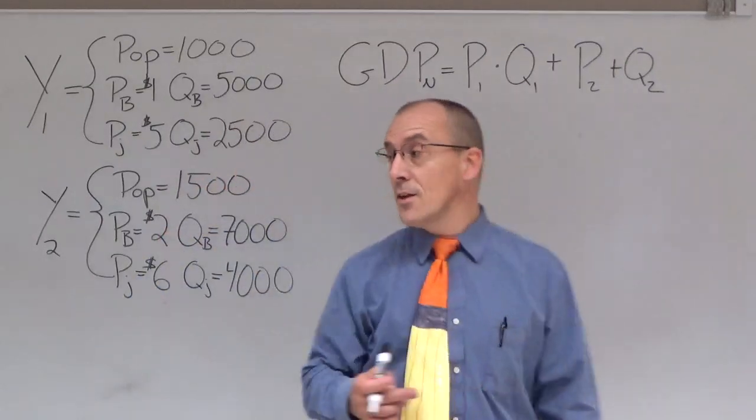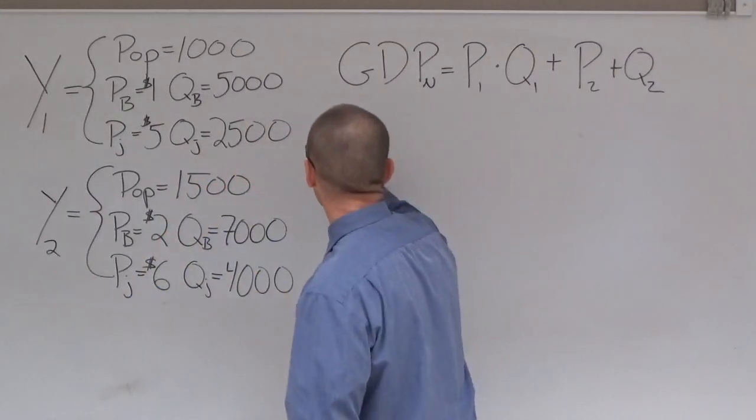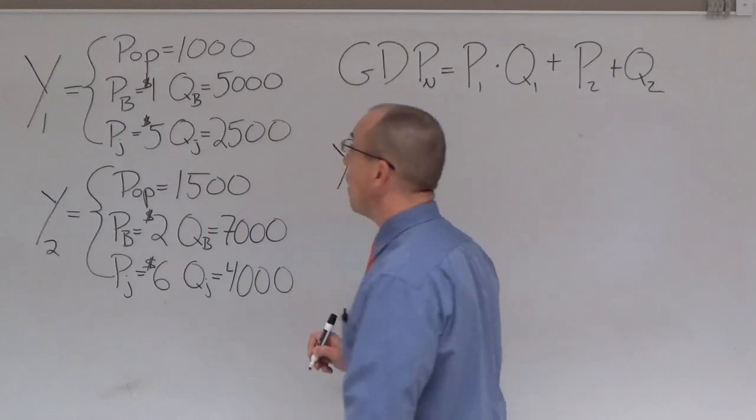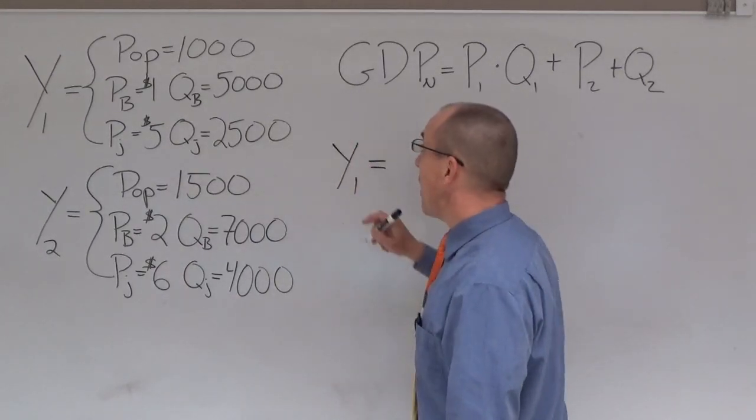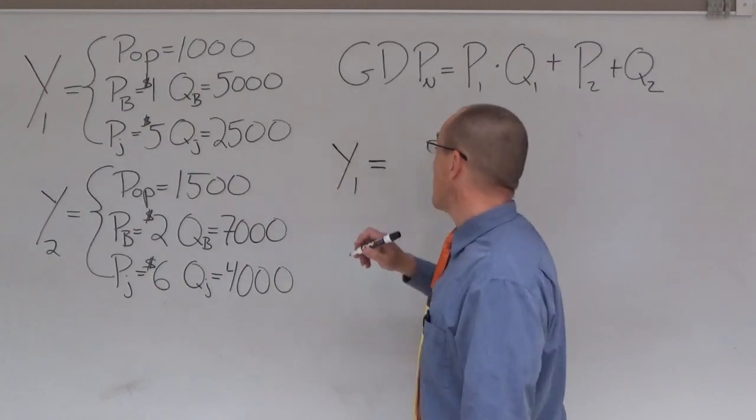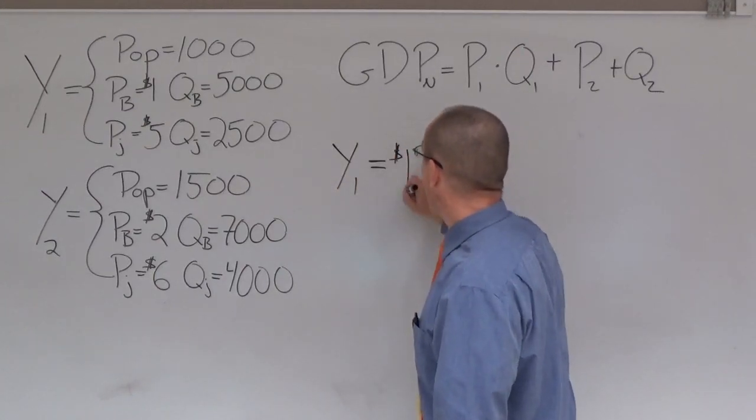In this case, in year one, the country is making 5,000 boxes of spaghetti at $1 a pop.